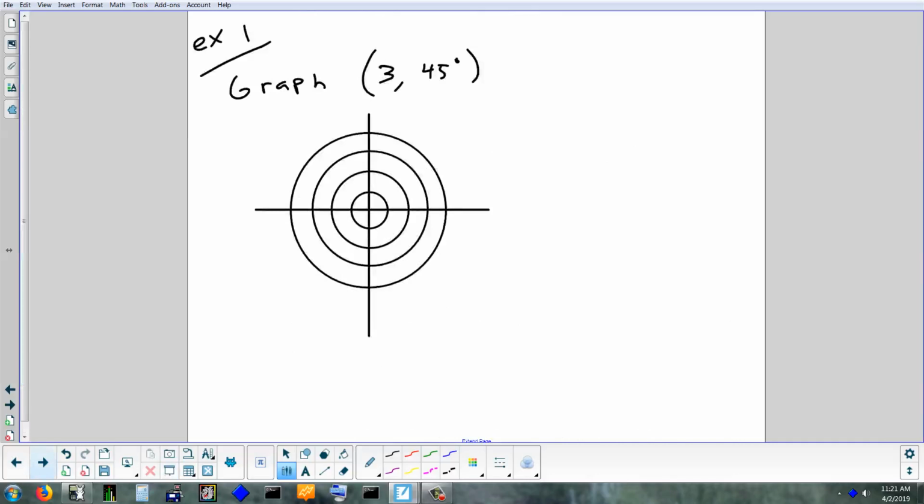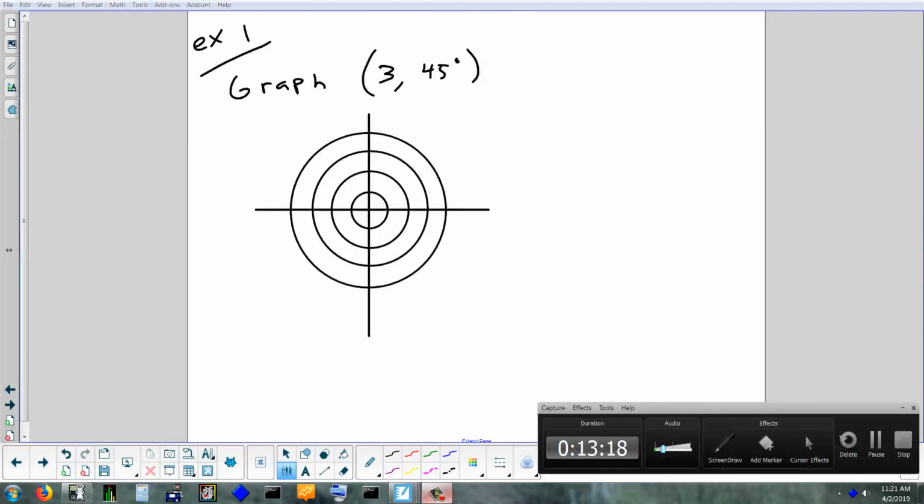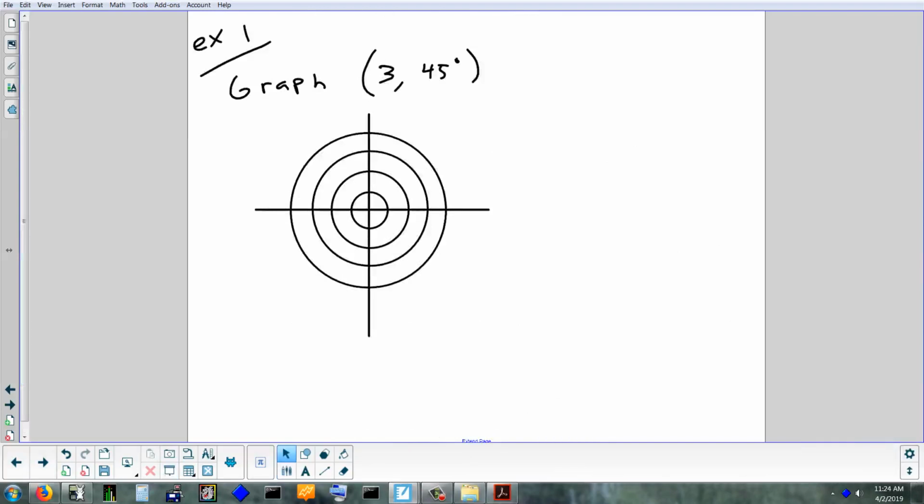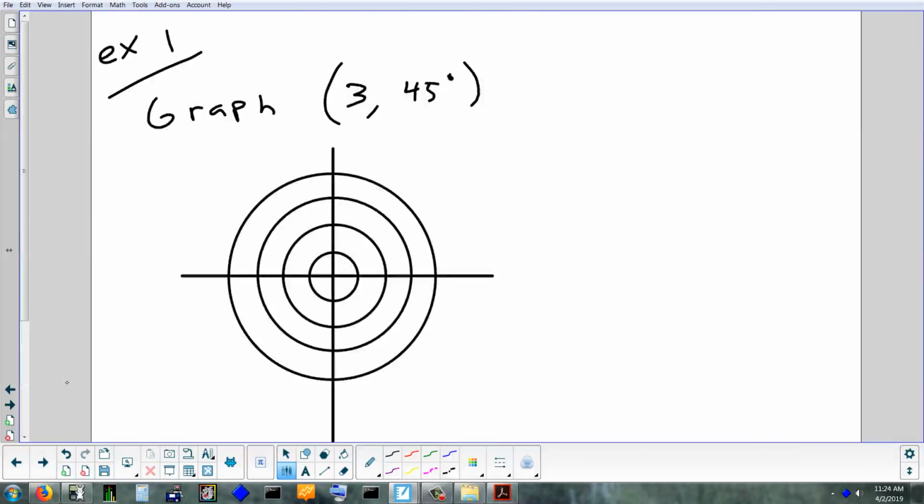So we're going to start with the point 3, 45 degrees. All right. So first one we're going to look at is 3, 45 degrees. Kaya, what's my radius in that one? 3. So let's label that radius. And Natalie, what's my angle? 45 degrees. So you're going to start by going 3 units from the pole.